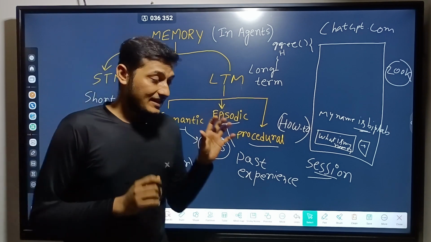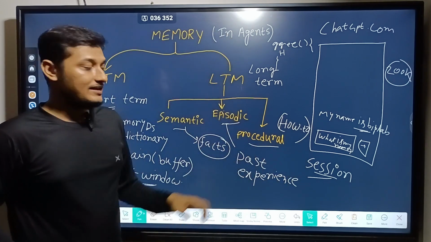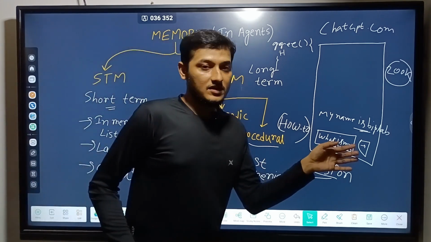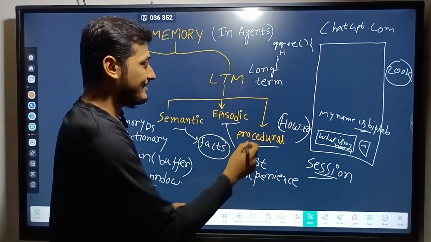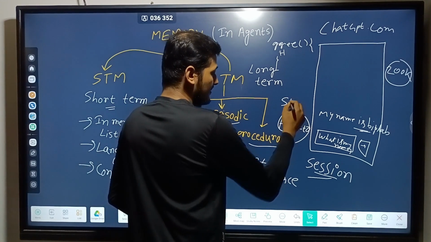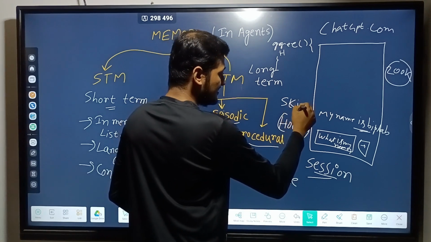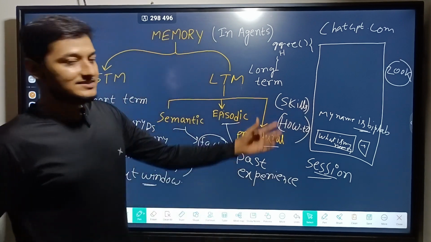That procedure is called procedural memory: how to take the left turn and how to take the right turn. It has remembered those things, and it is also related to skills, meaning it is efficiently increasing its skills.